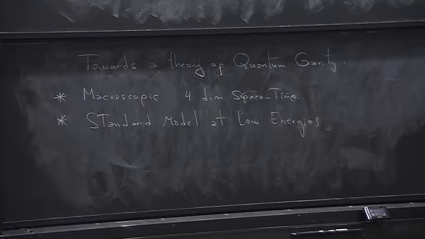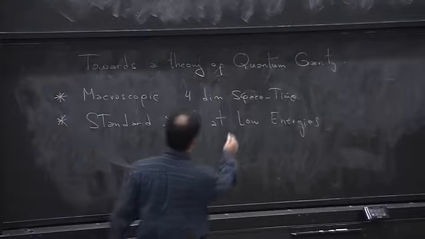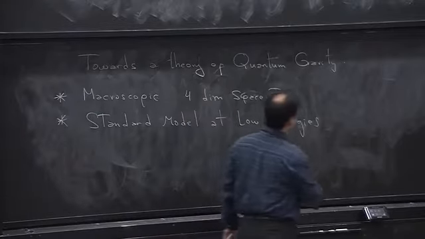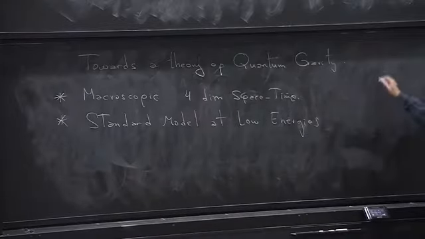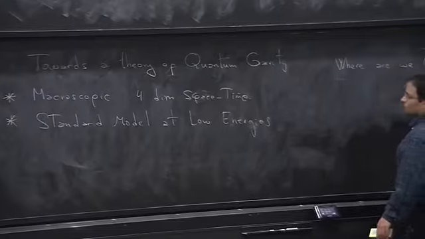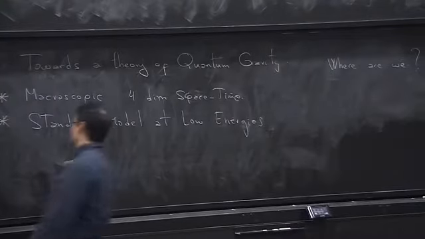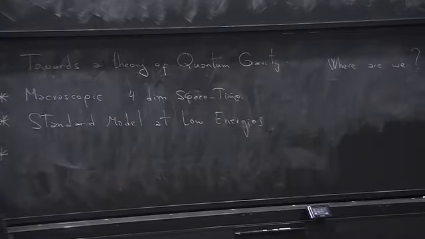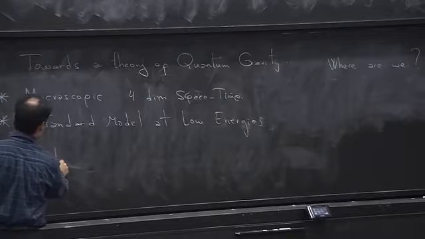Well, we don't seem to be doing so well, right? Because first of all, we have many more than 4 dimensions. So where are we? Well, just so that we feel a little bit better, say we need something that is mathematically consistent.